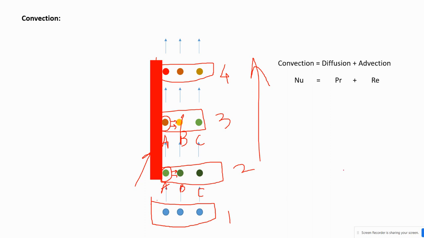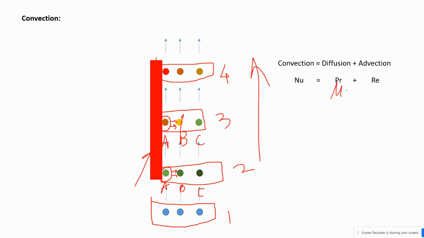Mathematically, Nu is a function of Re and Pr, as we have heard every time. Nu takes care of convection, that is hL by k. The Prandtl number takes care of the diffusion term, which is mu Cp by k.